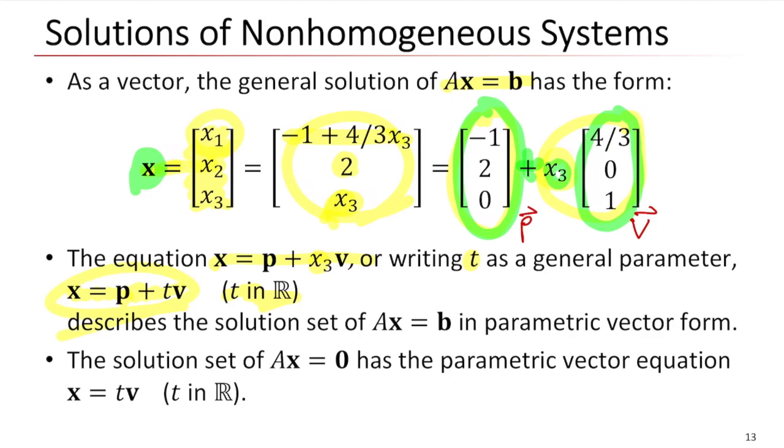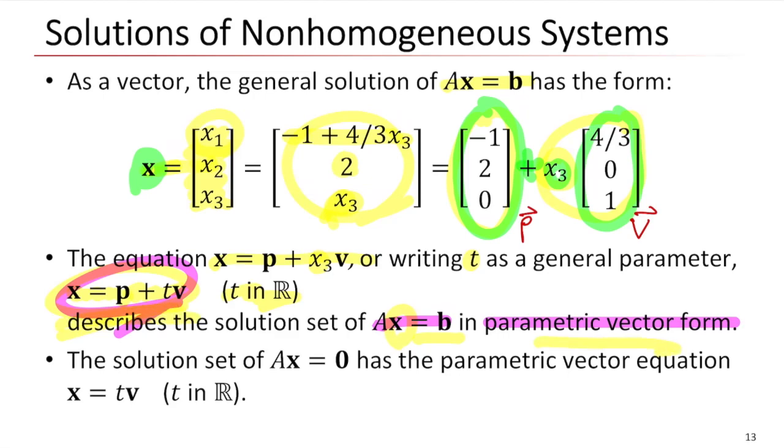Then this equation describes the solution of Ax = b in the parametric vector form. Okay. So what does it mean? We want to find the solution of Ax = b, but we can represent the solution x in the parametric vector form. Looks like this, right?